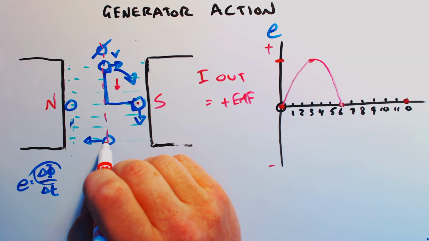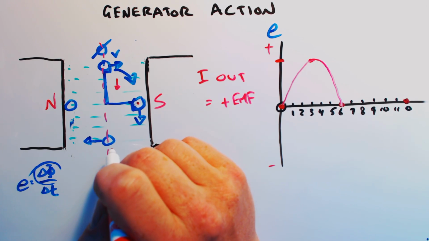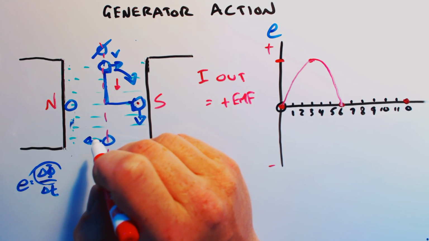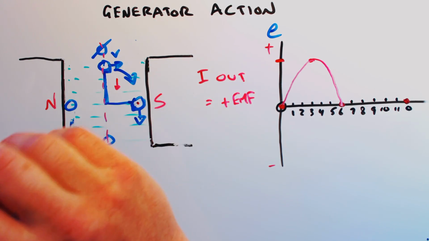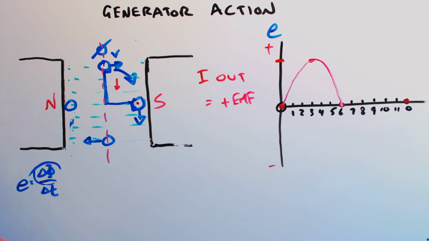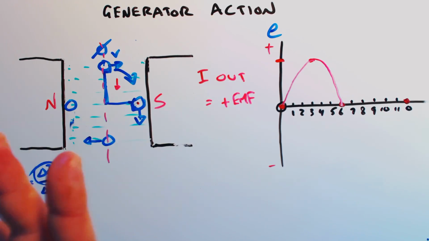Now, what happens once we get beyond position number 6? As soon as we get past that, our motion is now in the upward direction, which means that our Fleming right-hand rule calculation has to change as far as the current direction is concerned.